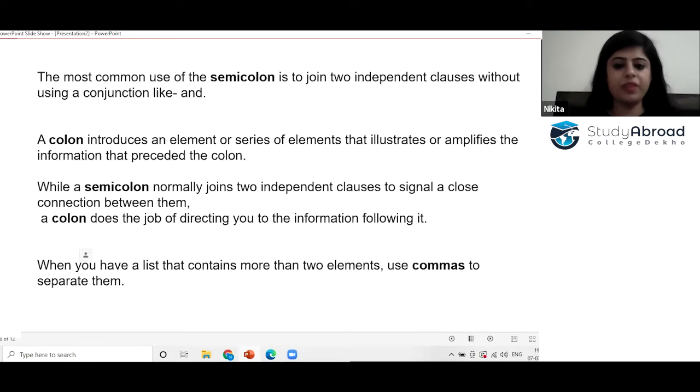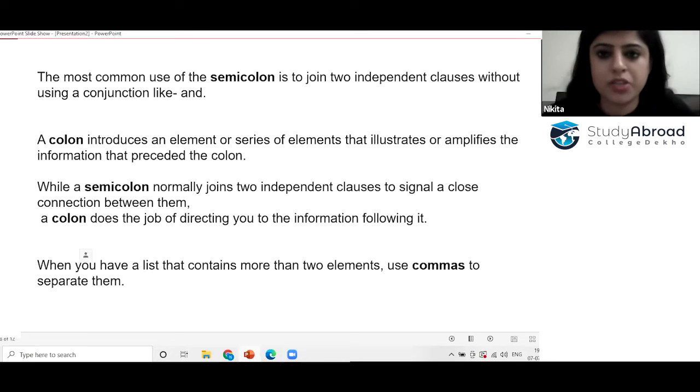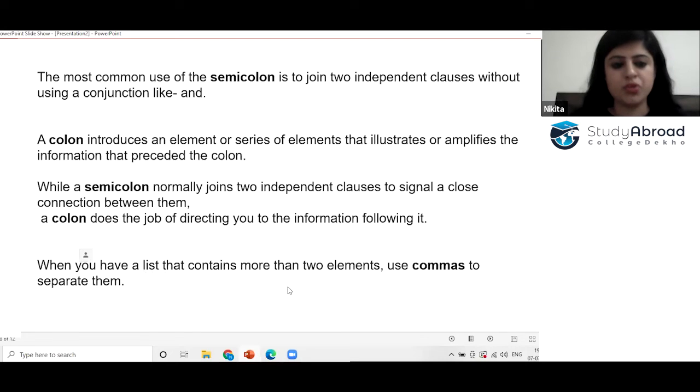All right. Now, when you have a list that contains more than two elements, we are having a look at the usage of commas. We have had a close look at what colon and semicolon are used for.